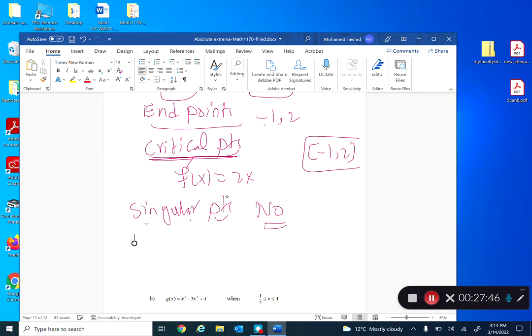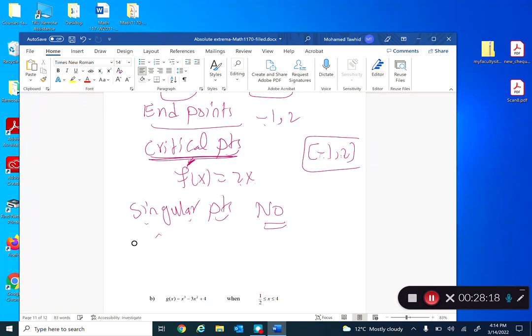Because your first derivative is 2x, and if you take any number you wish from the domain, -1 to 2, and put it in, you always get a value for your first derivative. So I don't have a singular point, because a singular point is a point where your derivative does not exist. But here our derivative exists for any real number x from this interval.